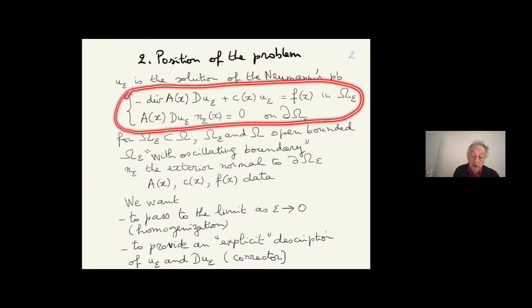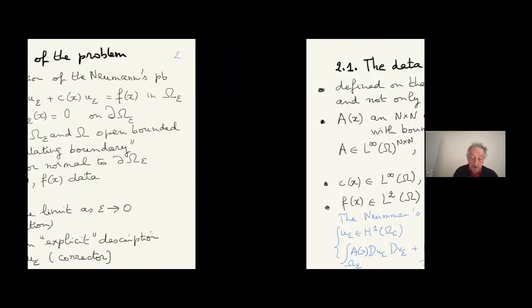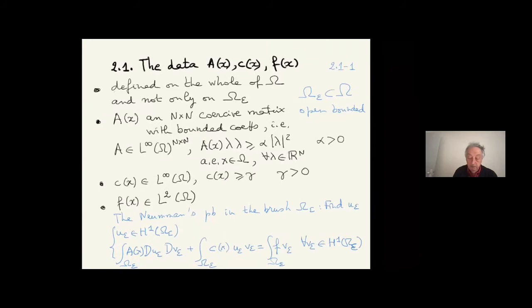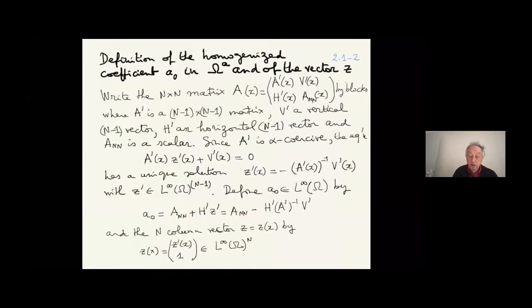And conversely, if u epsilon is sufficiently smooth and satisfies this formulation, then it is a solution of the variational formulation. Okay, good. So I pass to that, we will return to that.